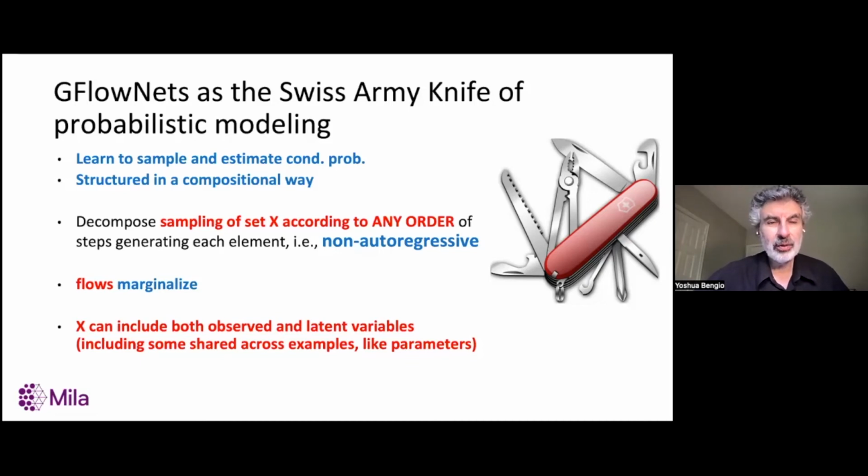All right. So again, what we can do with these things is learn to sample from a distribution given a reward or normalized probability function. As a side effect, we can also estimate probabilities or even conditional probabilities after you've trained.